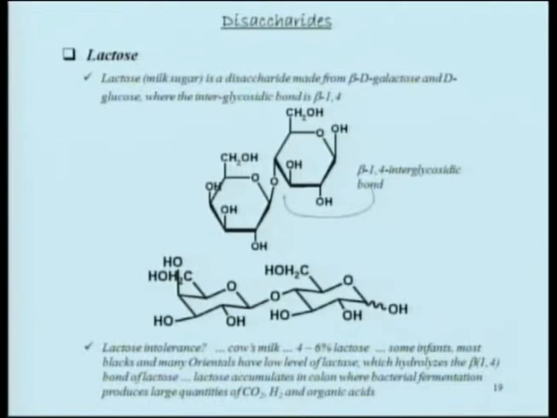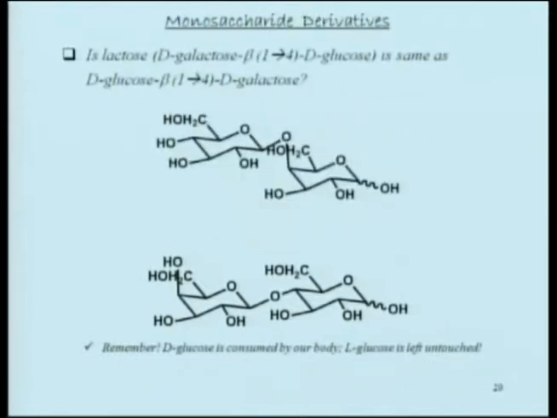So this is beta 1,4 interglycosidic bond. And this is the overall three-dimensional geometry. Obviously, we talked a little bit about lactose intolerance arising from an enzyme deficiency, lactase, that hydrolyzes this bond, and subsequent problems thereof.